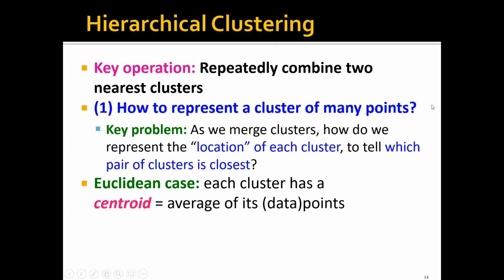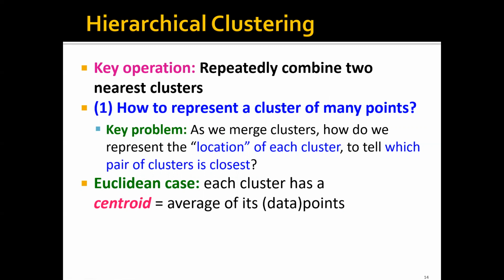For the first question, which is how to represent a cluster of many points, the key problem is, as we merge clusters, how do we represent the location of each cluster, basically to tell which pair of clusters is the closest. And in a Euclidean case, this is much easier because for each cluster, we can use the centroid to represent the cluster.